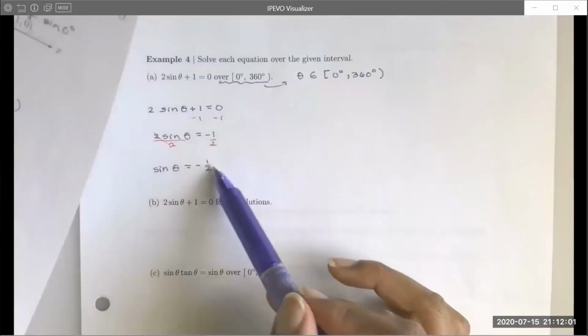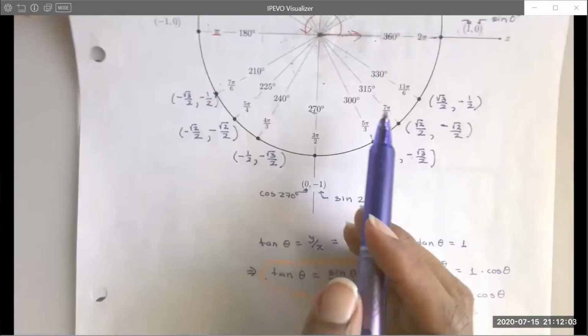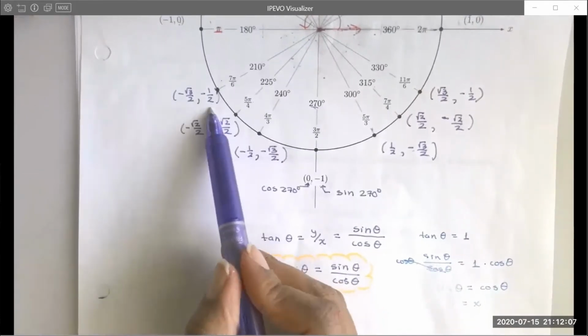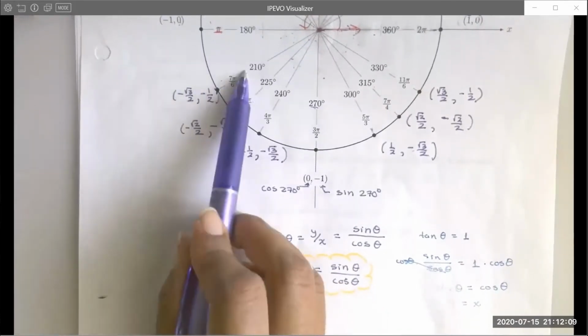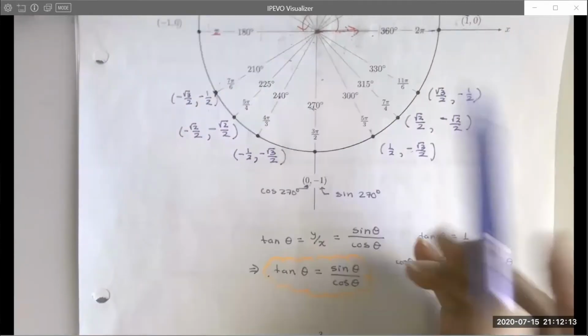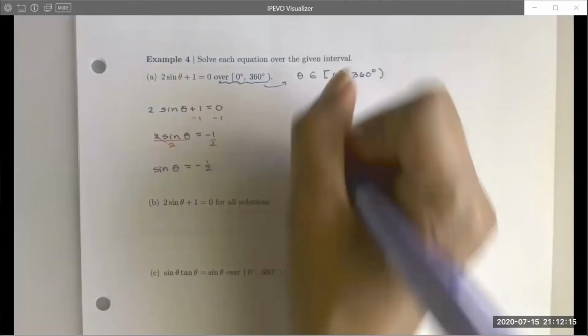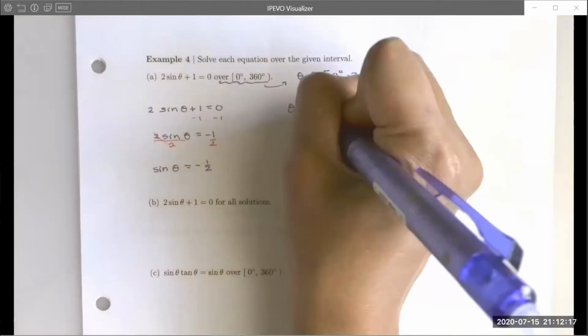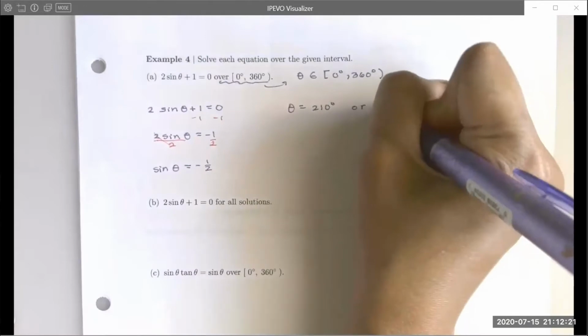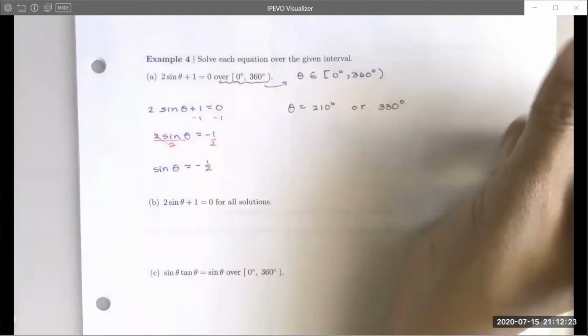And it's sine theta equals negative 1/2. So I'm looking for the y values of negative 1/2, one of which is here at 210, and the other one which is here at 330. Okay, so this tells me that theta can be 210 or it can be 330. Okay.